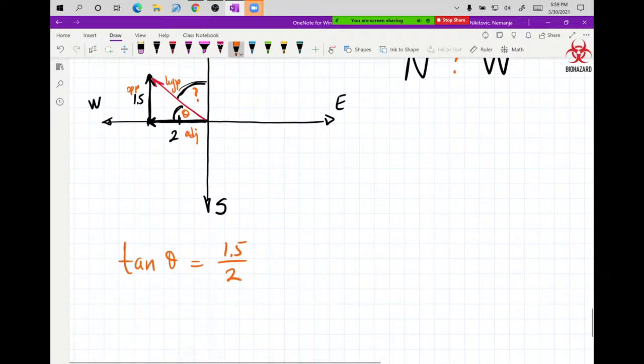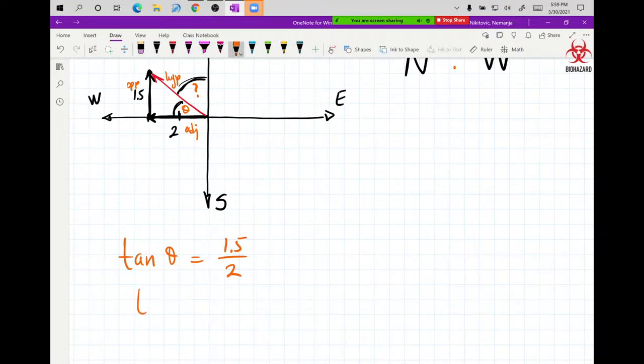So if you apply inverse tangent to both sides to free up the angle theta, because that's what you're supposed to compute, you have to solve inverse tangent of 1.5 over 2.